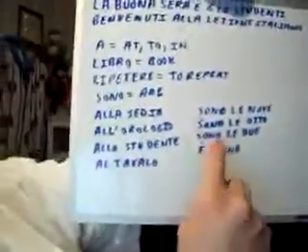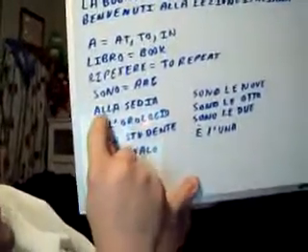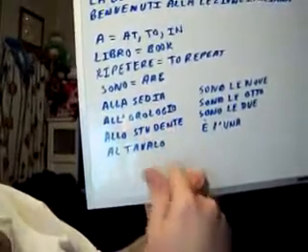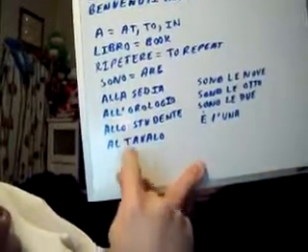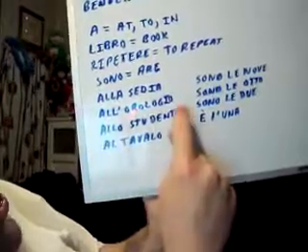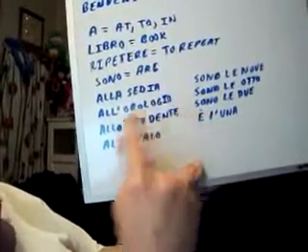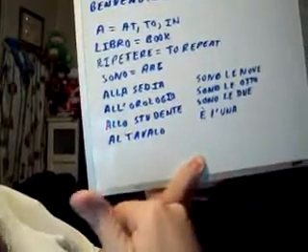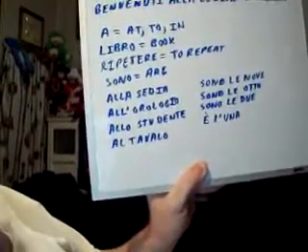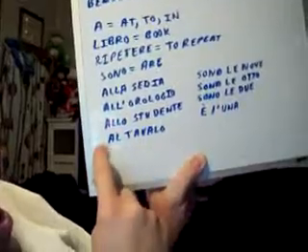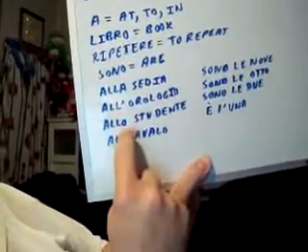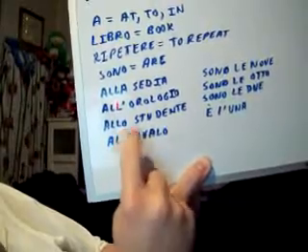Now let's go across here. We have alla sedia, which means to the chair or at the chair. All'orologio, which means at the watch or clock, or to the watch or clock. Okay. Allo studente. Do you know why we have that lo right there?